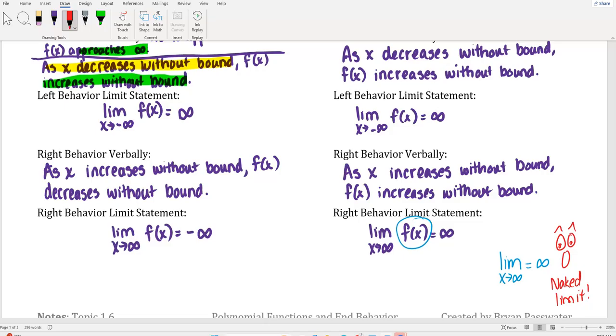Probably the first test, I'm probably not going to count off points if you have a naked limit, because I do understand you probably knew what you were talking about there. Your notation is not great. But after the first test, I usually start taking off at least a little bit for those, because this is not mathematically correct. You must have right here the function. So watch out for that.